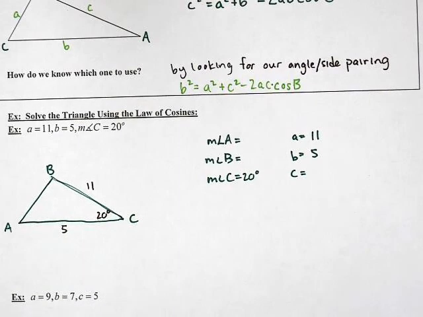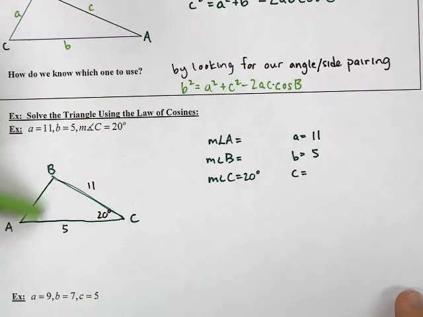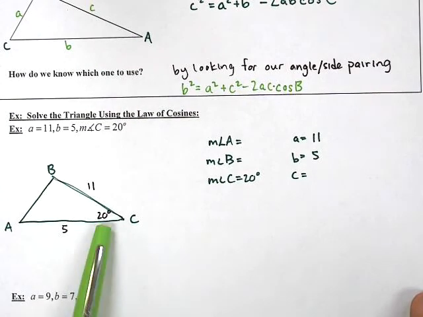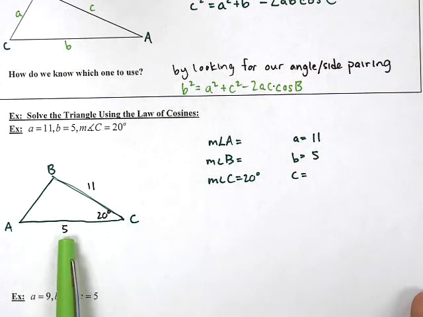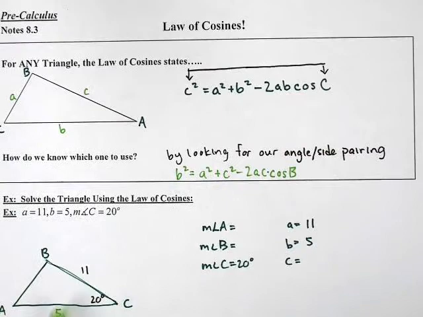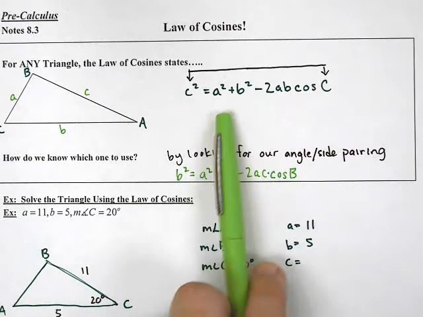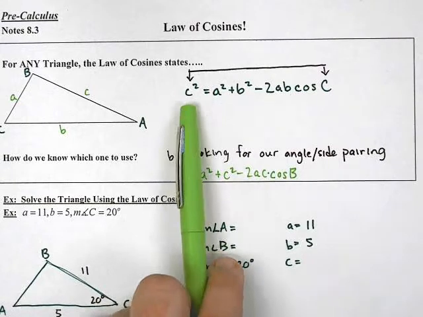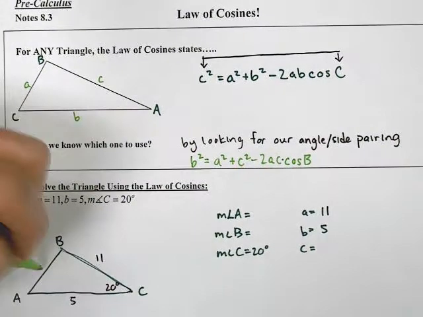Now notice here, we are looking for an angle here, but if I have this angle C and I have two sides, well then hopefully we can recognize right here, I have everything over on this side, which means I can solve for this missing side C.